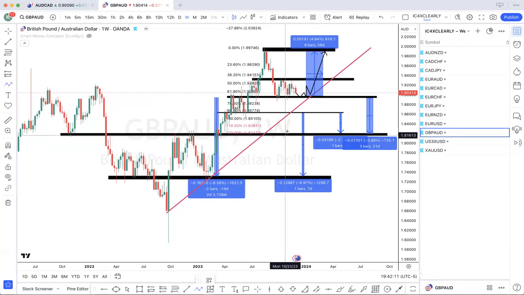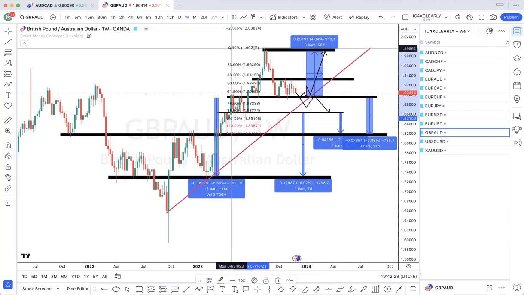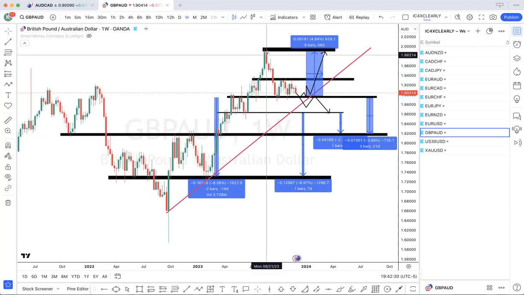price is going to break here and then respect this order block here, possibly, and maybe sell down some more. If that's the case, then we would be looking for, let's see.